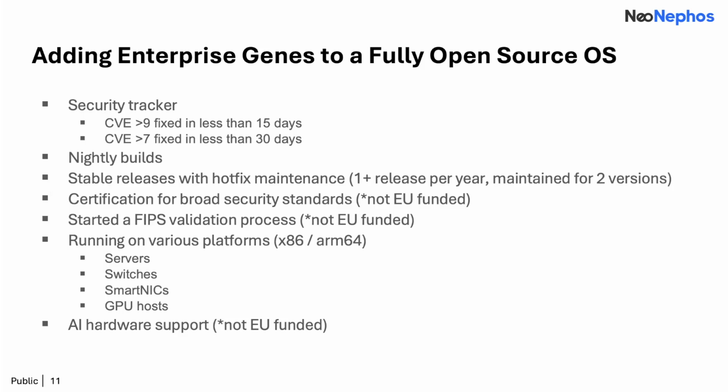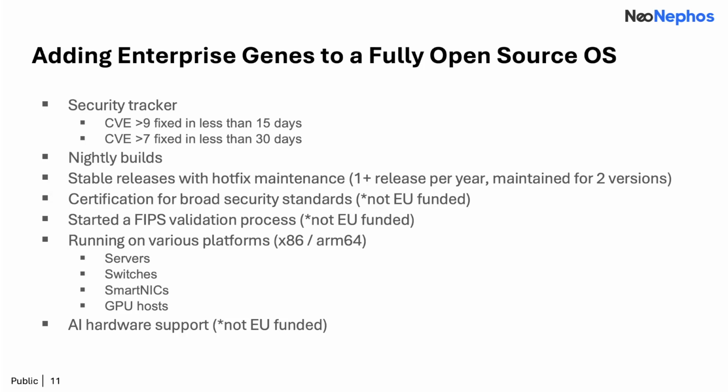We have this running on switches, so Sonic switches can also be operated with Garden Linux. We have some SmartNICs, Mellanox SmartNICs or some Intel SmartNICs, that have been running already with Garden Linux. It's very important because you need this for your compliance rules.